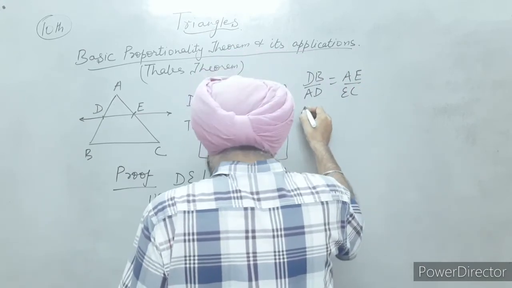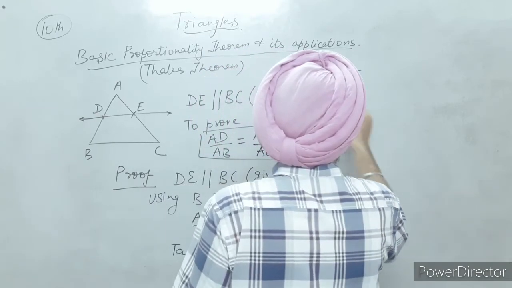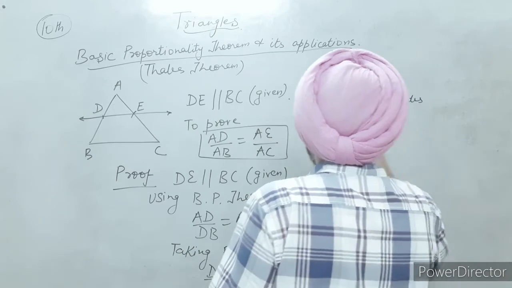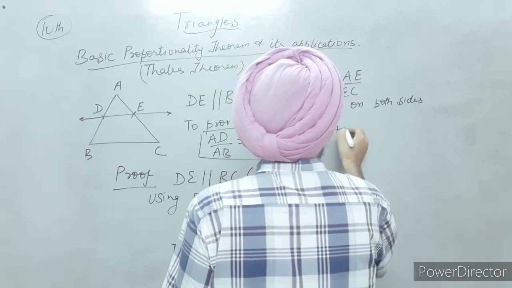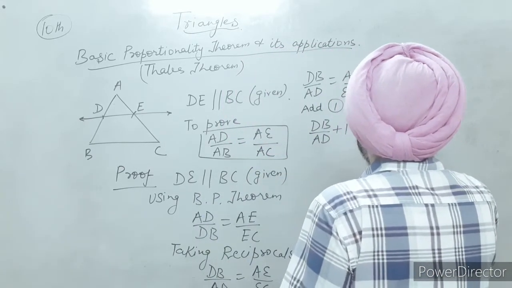Adding 1 on both sides, I get DB upon AD plus 1, EC upon AE plus 1.